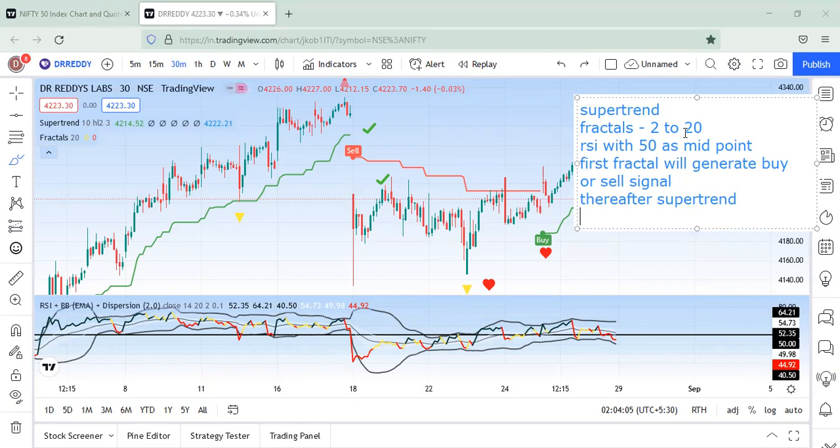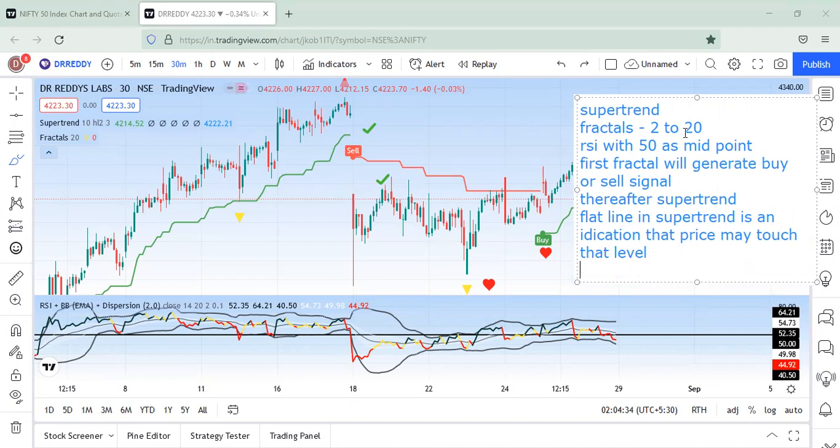If it is making a flat line in Supertrend, it is an indication that price may touch that level. It is not 100% that price will touch and must touch. It may touch. It is not 100%, because there is nothing 100% in the market. So it may touch. That is all from my side today.